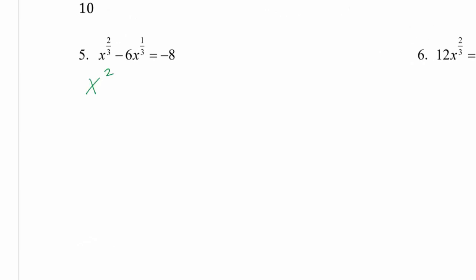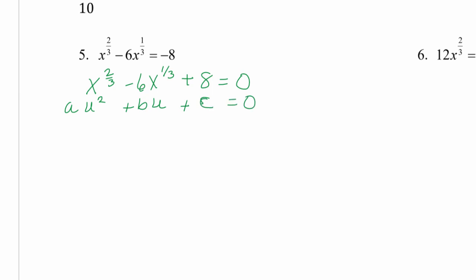So x to the 2/3 minus 6x to the 1/3 plus 8 equals 0. Let's get the 0 on one side. And now, remember, we are trying to do a U-substitution that will let us rewrite this original equation so that it looks like this, right?